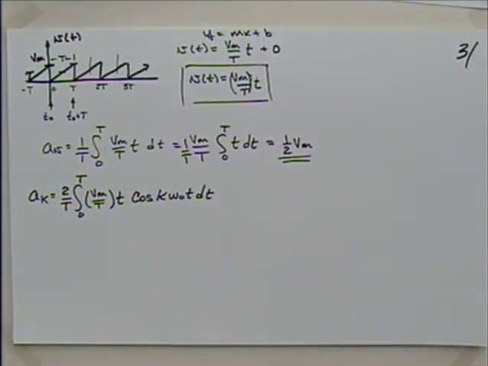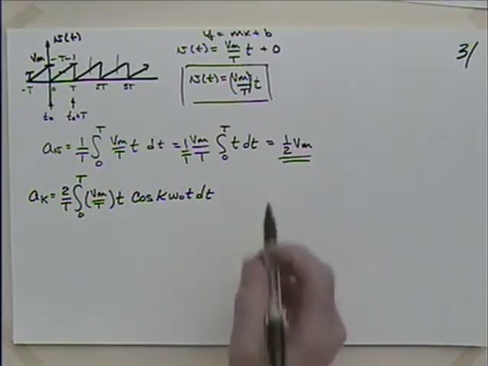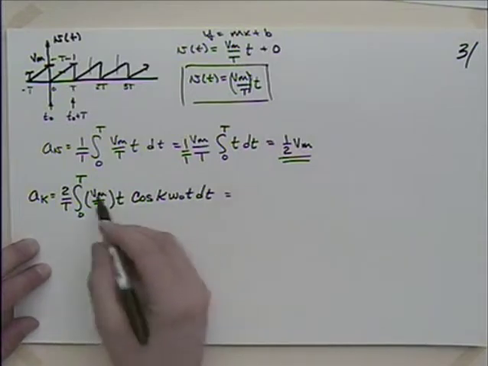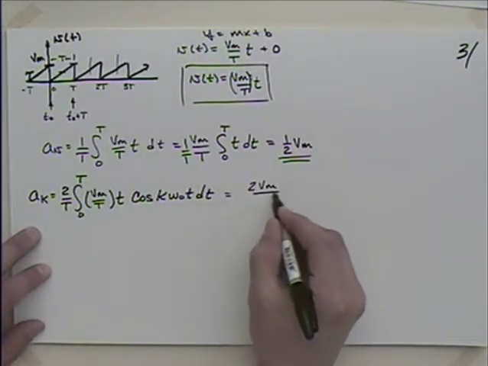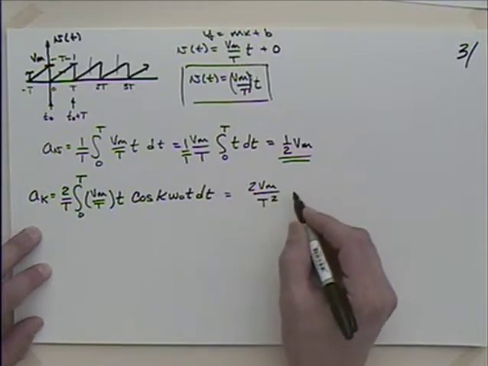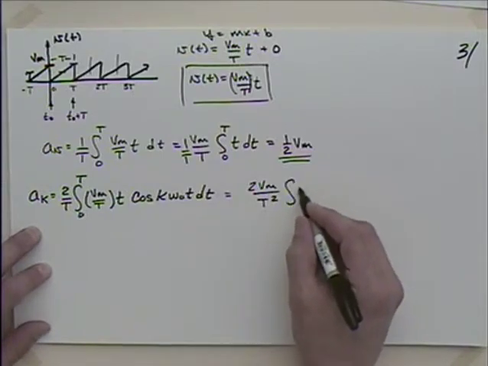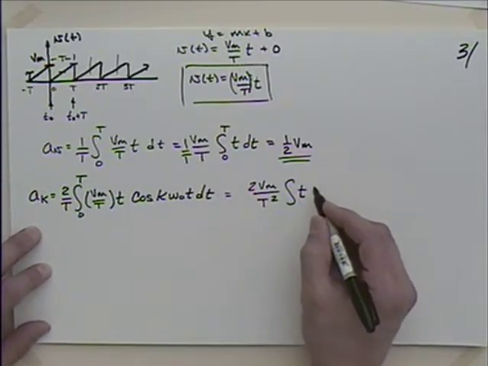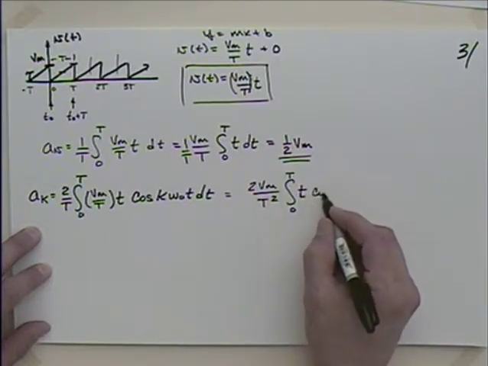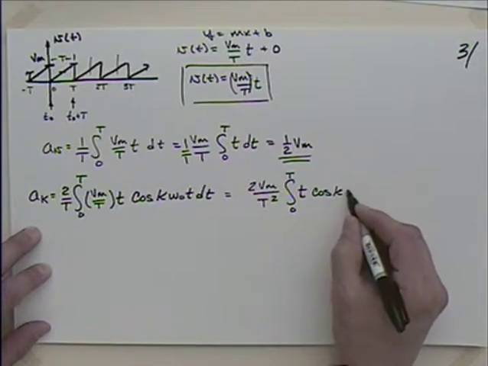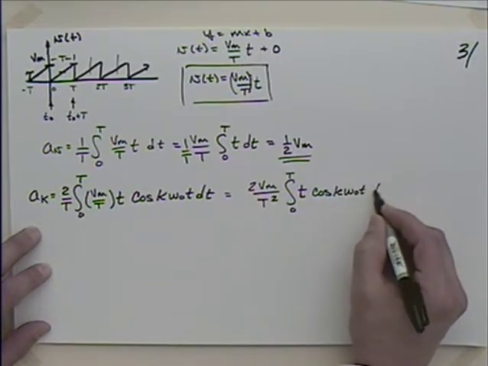I've got to integrate that. Vm over T is a constant, so I've got 2 Vm divided by T squared times the integral from 0 to T of t cosine k omega naught t dt.